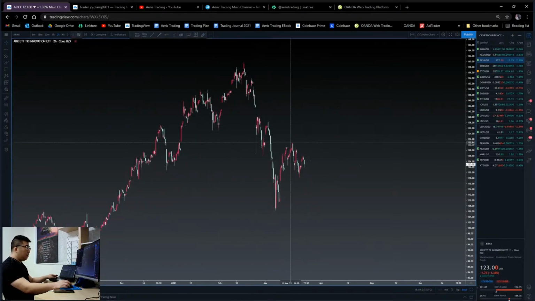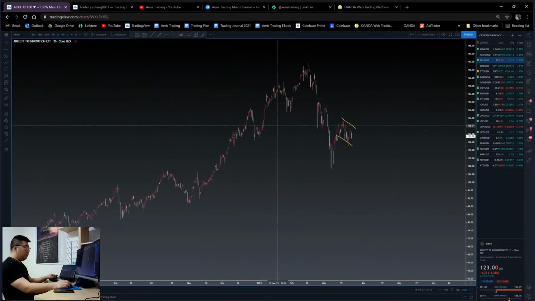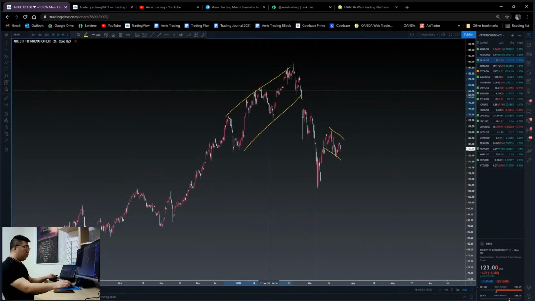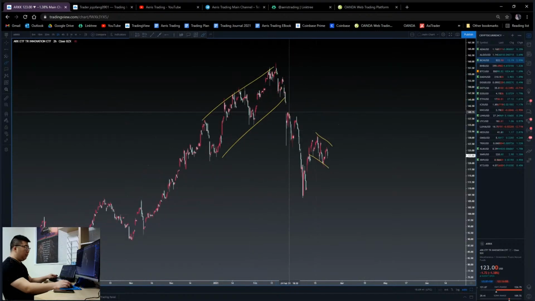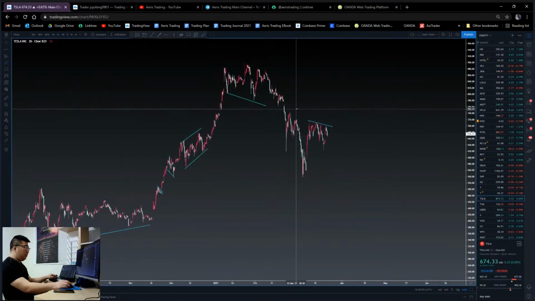So all I'm seeing here is we have this kind of ascending channel structure. We break down, followed by continuation. We break down more, but it looks like there's a reversal impulse and then a potential continuation correction. Tesla, right? Very similar price action structure to Tesla.